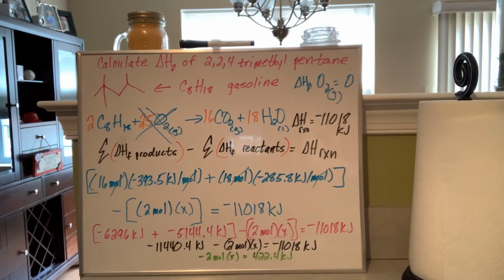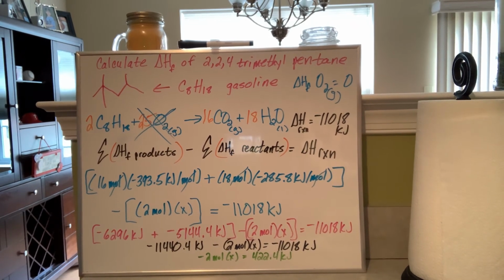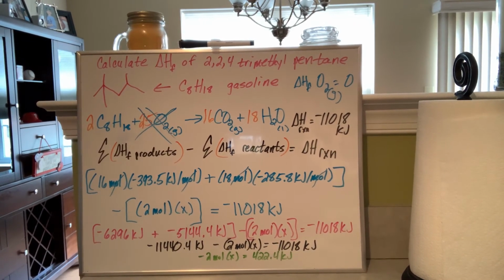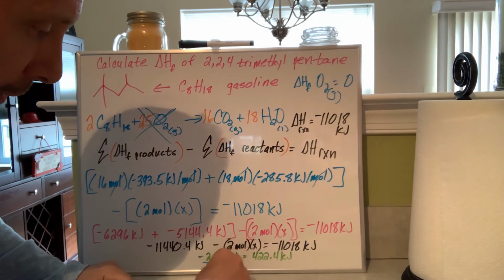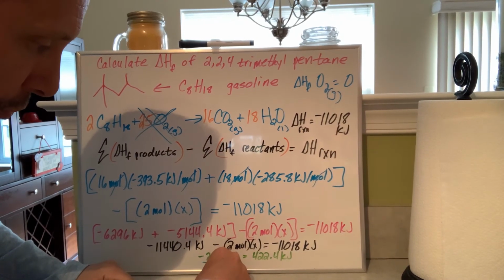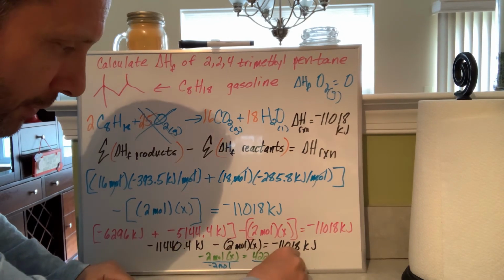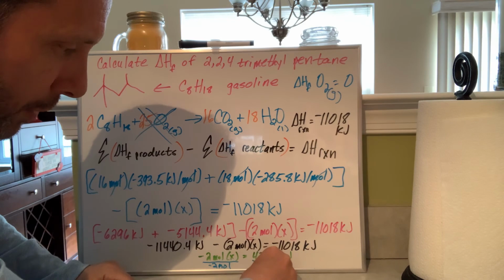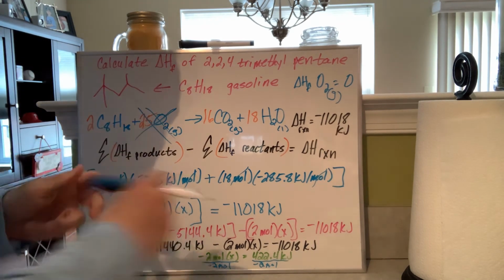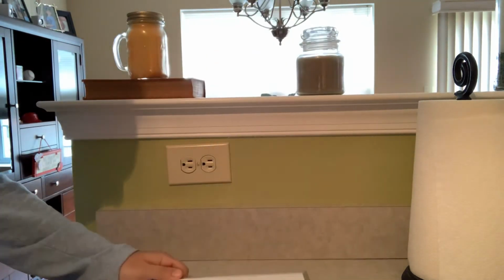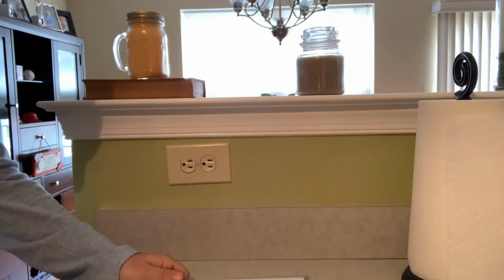All right, and the last thing, of course, is we're going to divide by negative 2 moles. Negative 2 moles. It's a lot harder to write on there than it looks. Negative 2 moles. Okay, and we will come up with an X value of, let's first get rid of the negative 2 moles.